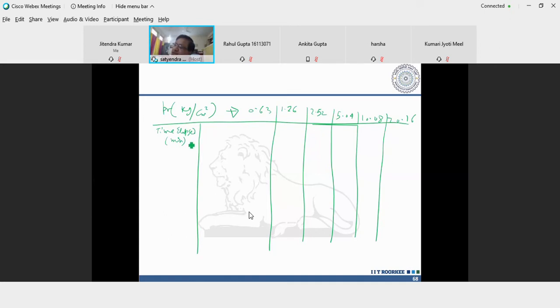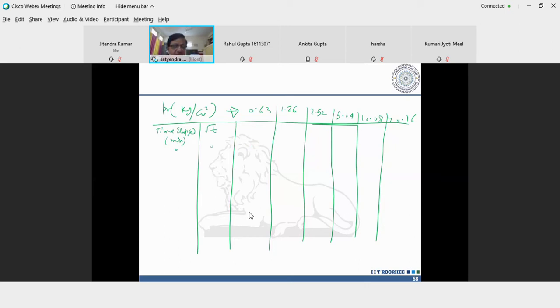Then we choose the time in such a manner that the square root of time is possible. So let us say you have chosen the time interval as 0, meaning the starting time.